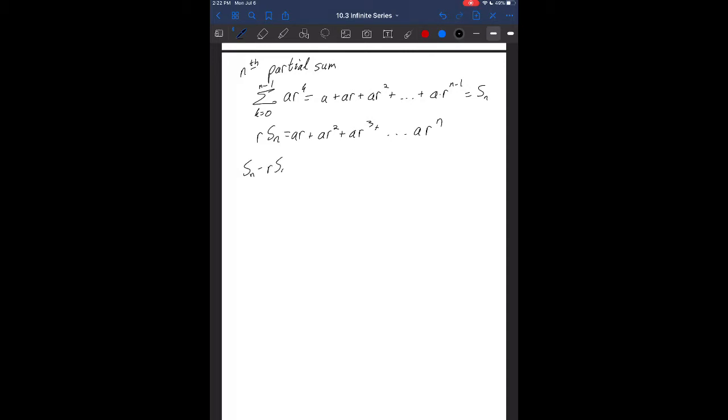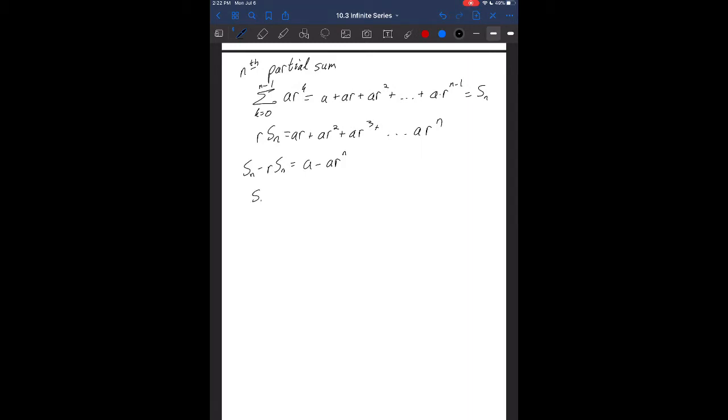In particular, s sub n minus r s sub n is going to be equal to a minus a r to the n. And again, the reason we're doing this is that we are trying to come up with some type of formula for these partial sums so that we can use our sequences techniques on the partial sums in order to determine what the infinite series is actually going to converge to.